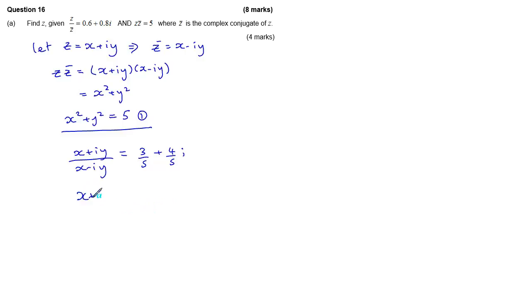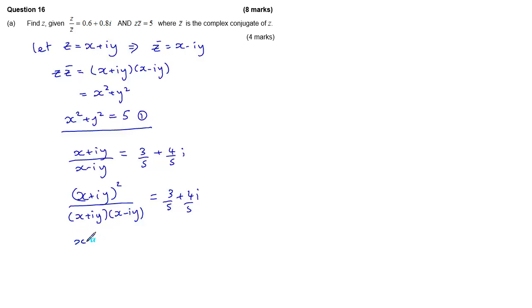So, x plus iy squared over x plus iy times x minus iy, so we've multiplied top and bottom by x plus iy, is 3/5 plus 4/5 i. Now we know from up here that this is 5.